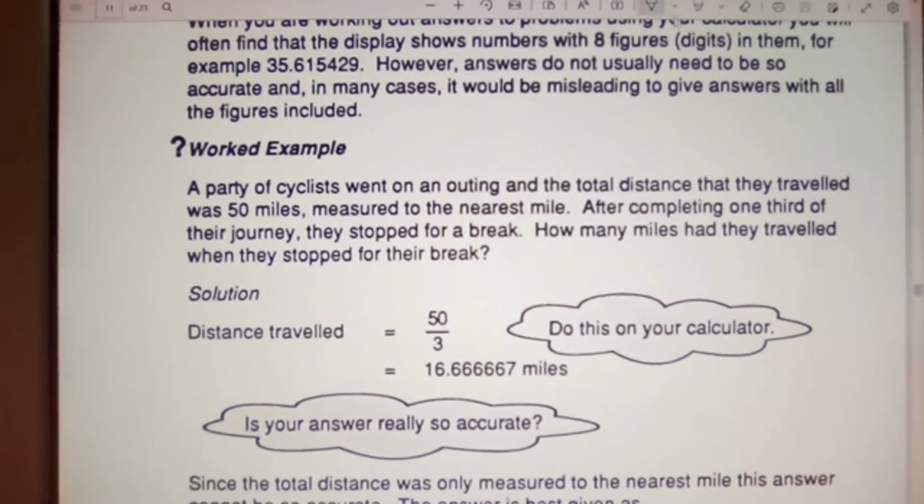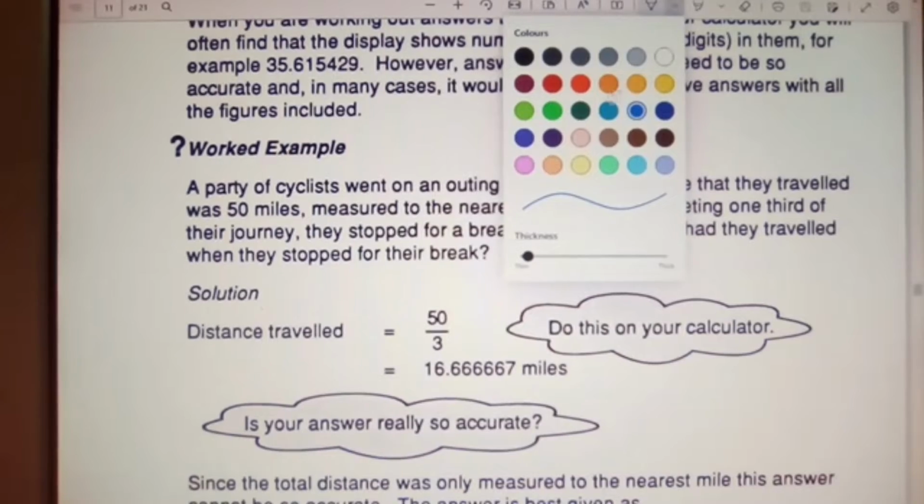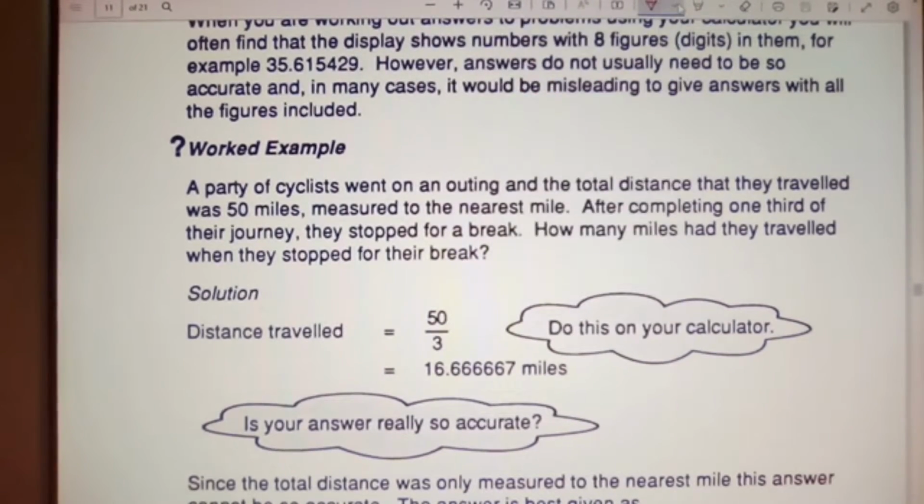So let me get my pen so we can see what we're talking about. That's our 50 here, okay? And they covered, measured to the nearest mile, 1/3 of their journey. My apologies, 1/3 of their journey.